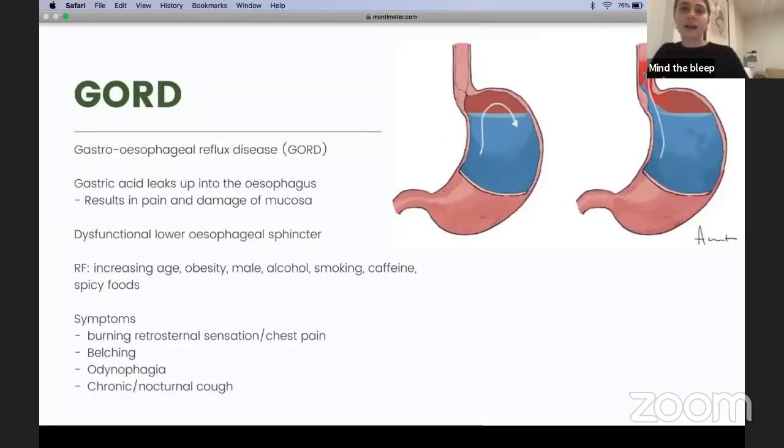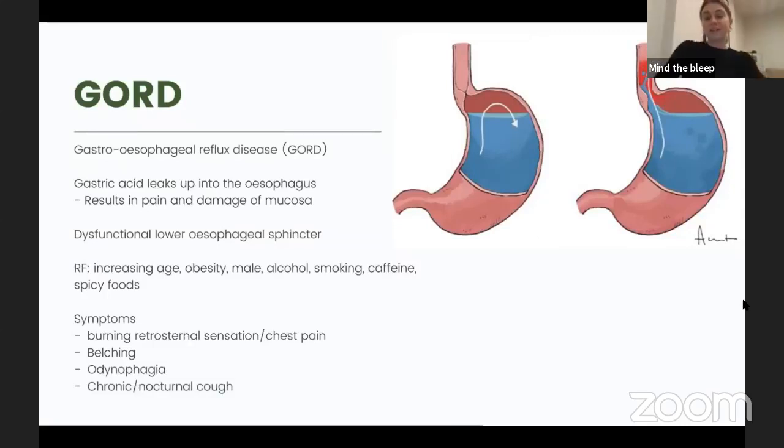So we have diagnosed John with Barrett's esophagus, which I will get to next. But he also does have gastroesophageal reflux disease based on his symptoms. Gastroesophageal reflux disease is caused by gastric acid and gastric contents leaking out into the esophagus.